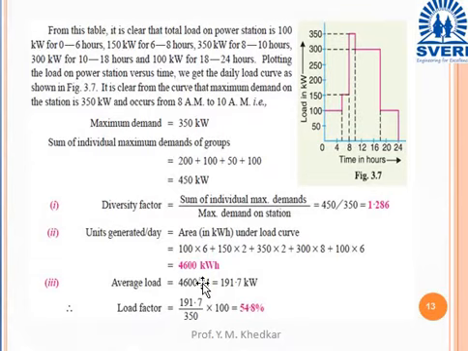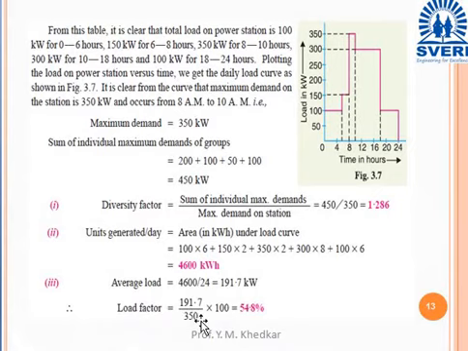So a total of 4600 kilowatt hour units are generated, and that we have calculated simply from the load curve. Now average load will be units generated divided by the number of hours in a day. Units generated are 4600 divided by 24, which is 191.7 kilowatt, and load factor will be this average load divided by the maximum demand.